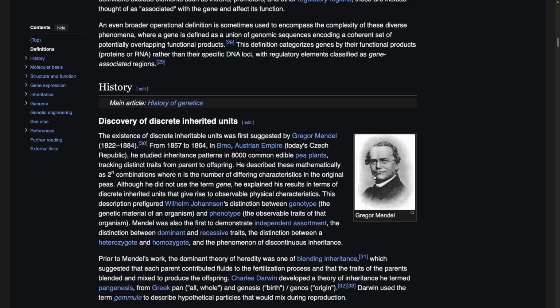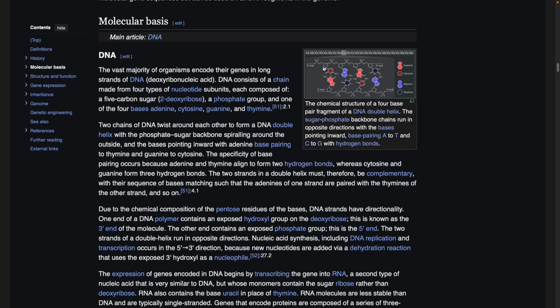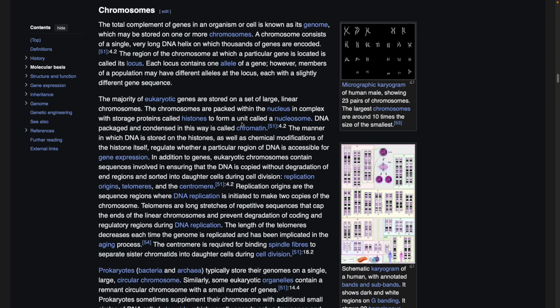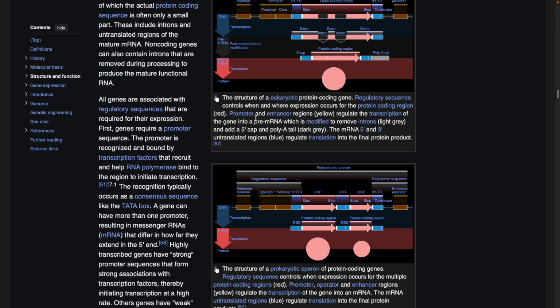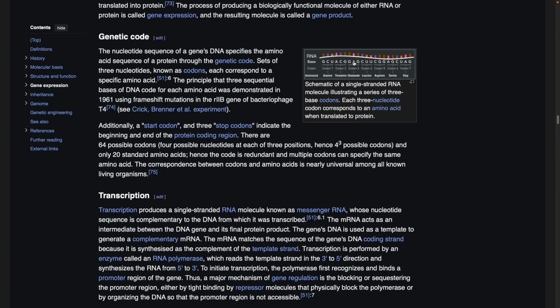This is the Mendel guy, which has to do with the inherited units, Mendelian. Okay, and then DNA. We got some really cool infographics, charts, and whatnot. Yeah, these are the amino acids.